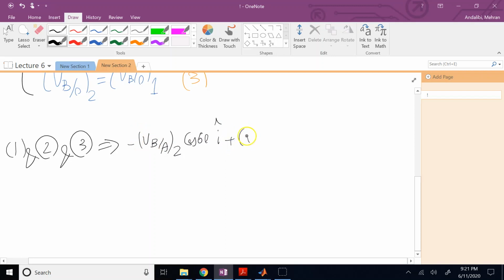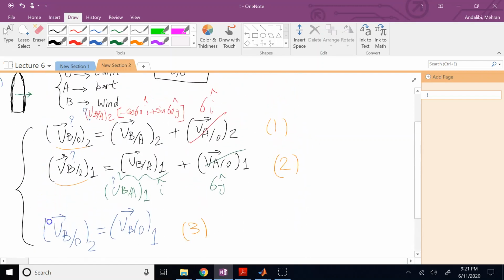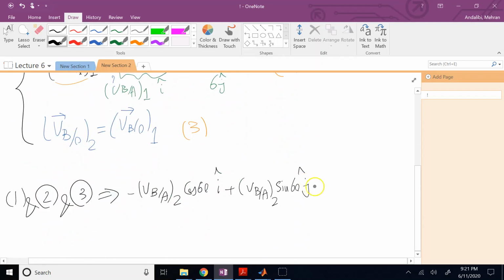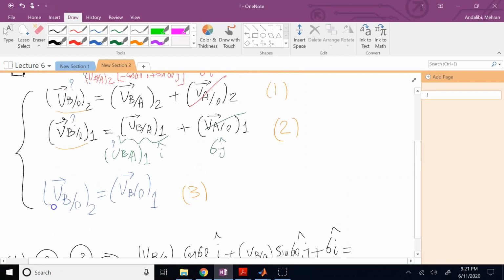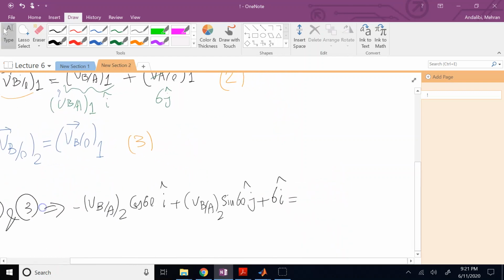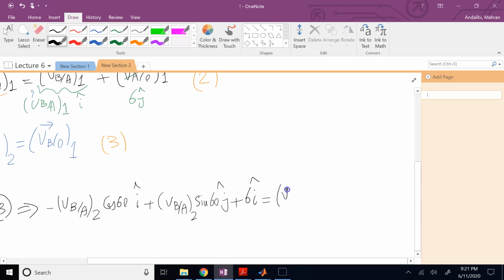plus VB with respect to A in position 2 sine 60 j, right? That's the first component, plus 6i is equal to VB with respect to A 1 i plus 6j.